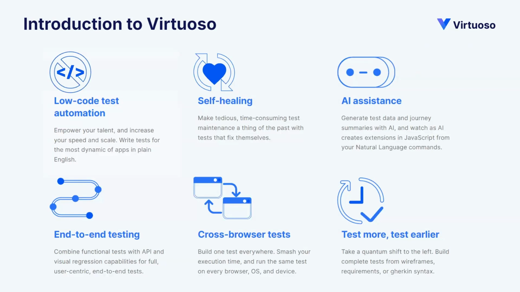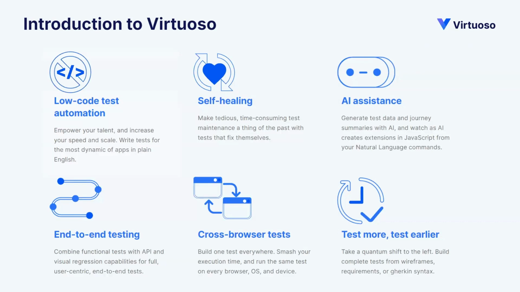You can build on top of the out of the box capabilities of Virtuoso by leveraging something called as AI extension creator. Then you also have the AI data generator that allows you to generate test data by using the natural language prompts in the data section.